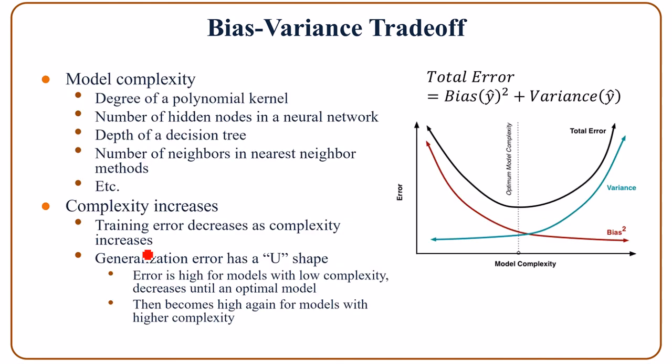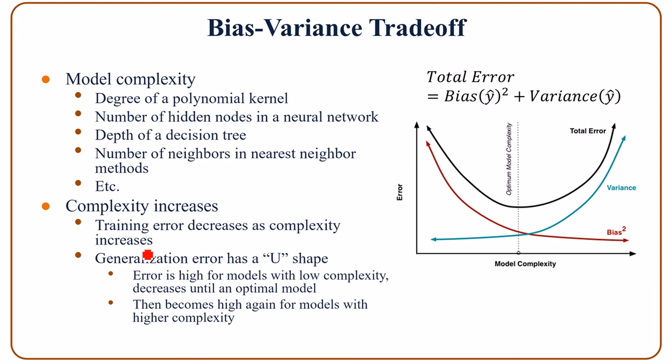When we talk about models, typically we have simple models, models which are just right, and complex models. So we talk about model complexity. Model complexity may be in terms of the degree of a polynomial kernel, or if our model is a neural network, the number of hidden nodes.